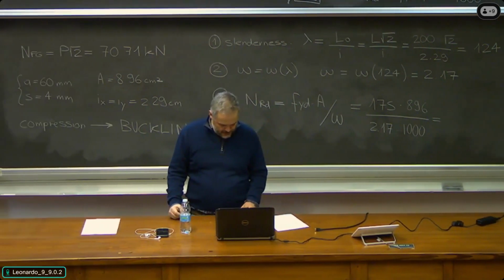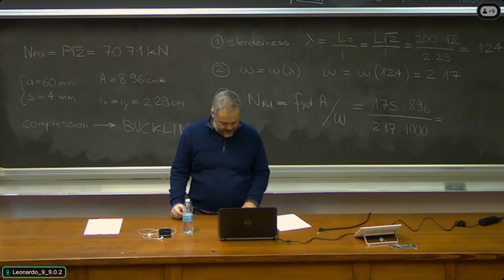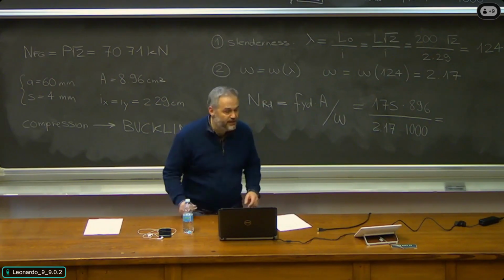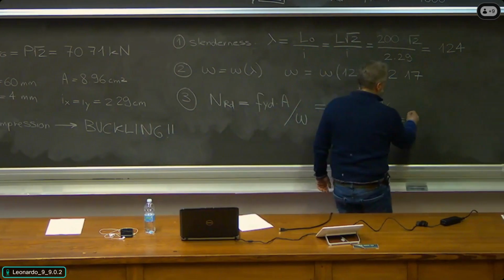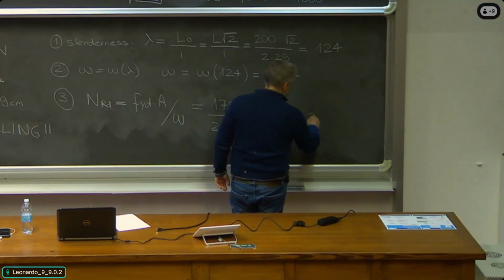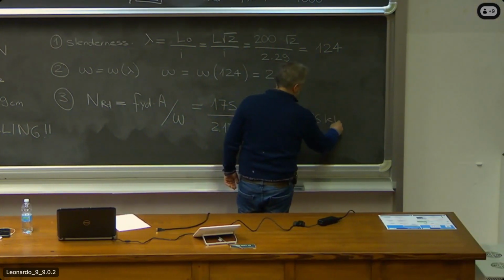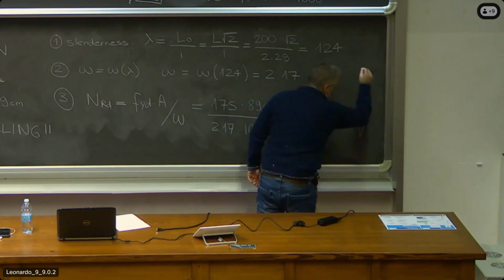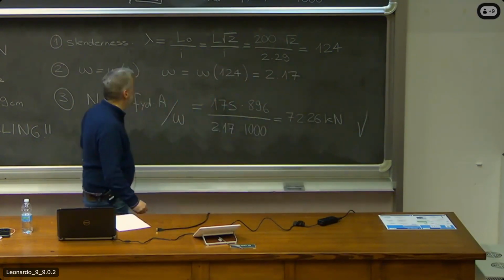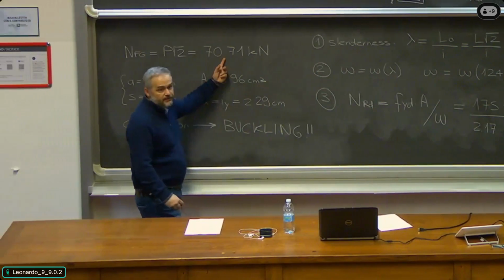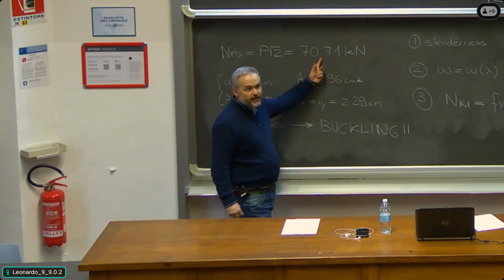Calculation: 175 times 896 divided by 2.17 divided by 1000 is 72.26. Check: this number is larger than this one, so the section is okay.